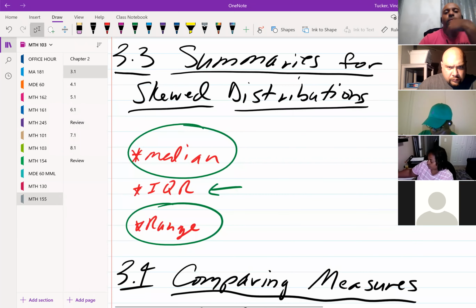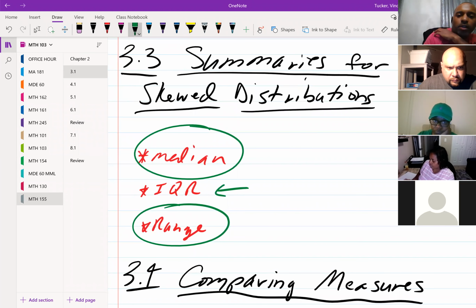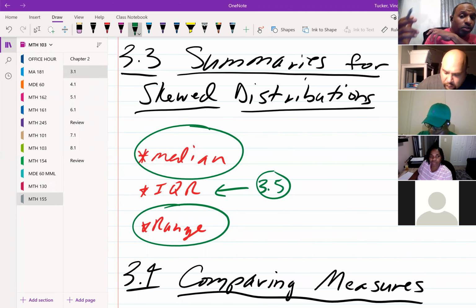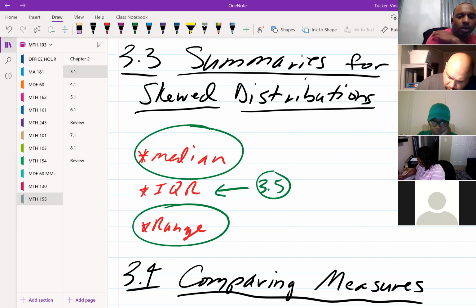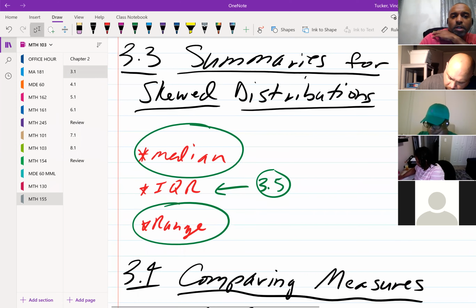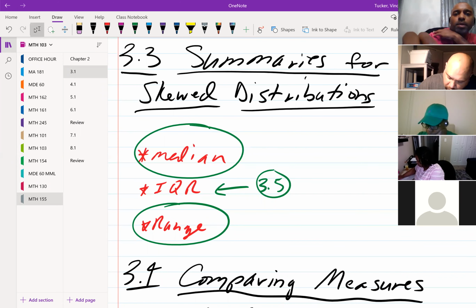Okay, so we'll talk about IQR in 3.5. But just so you know, you can notate these 3 things. Like I said, we already discussed median; it was just in a better flow where I had it. Same thing with the range. We're going to do IQR in 3.5. It just flows in those steps, and you'll see what I mean in a second. All right, everybody done with copying that?